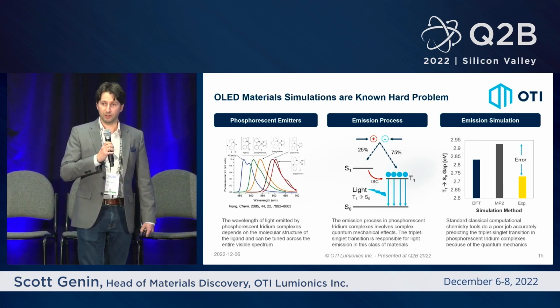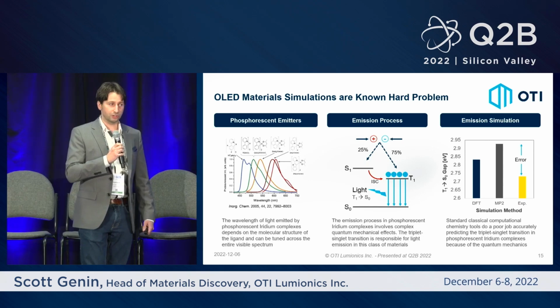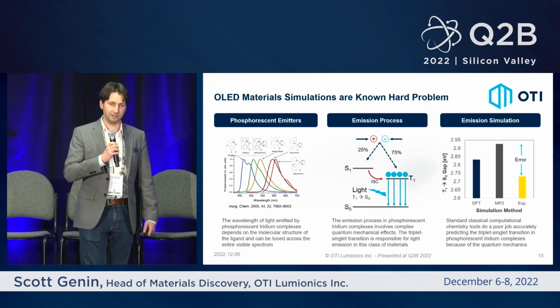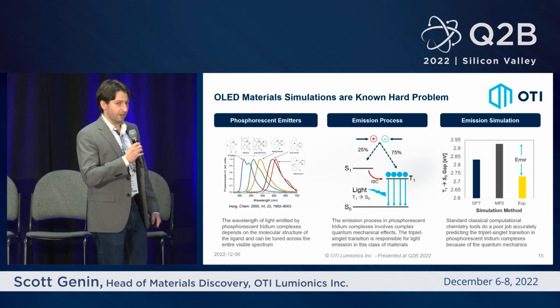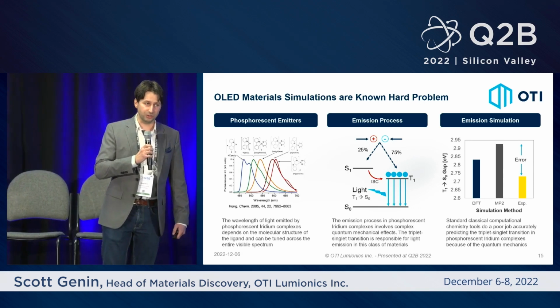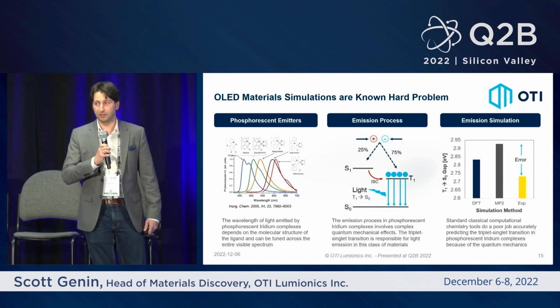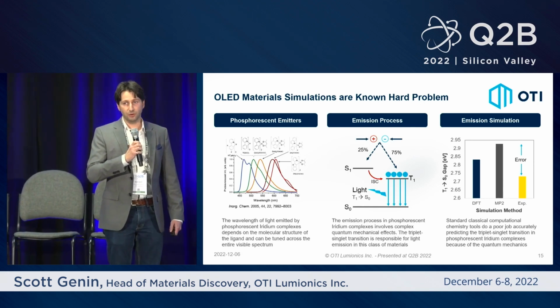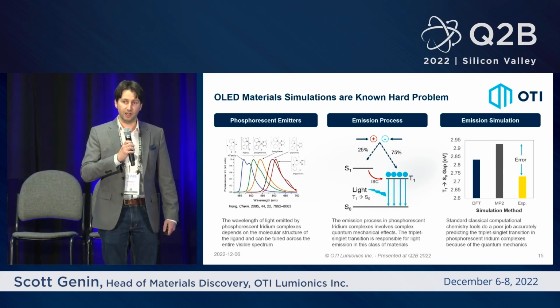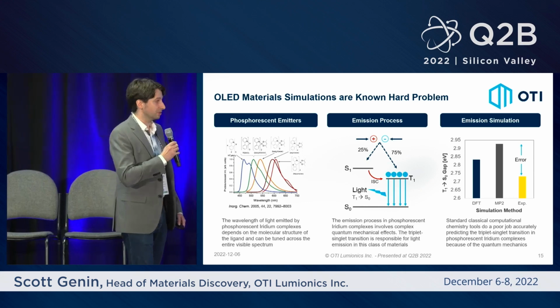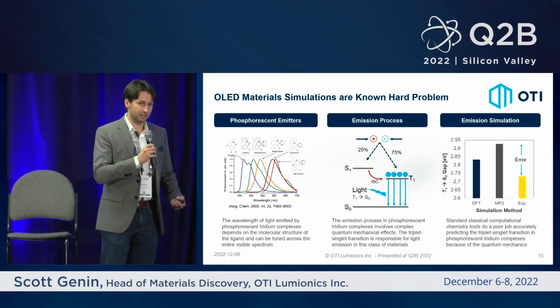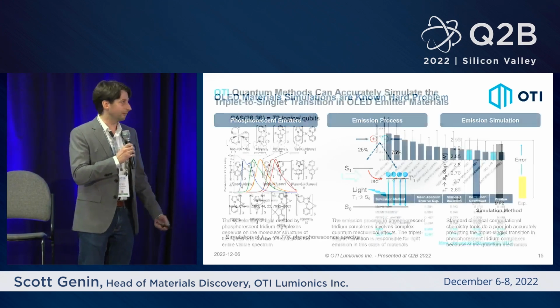But as we'll get into when we show some of the results, we'll show why density functional theory is not necessarily the best choice for materials discovery applications. This error can be very frustrating for computational chemists and chemists alike. So it's really important that we continue to focus on very high accuracy and reliable simulations that reflect the physical reality of what these materials are actually doing.